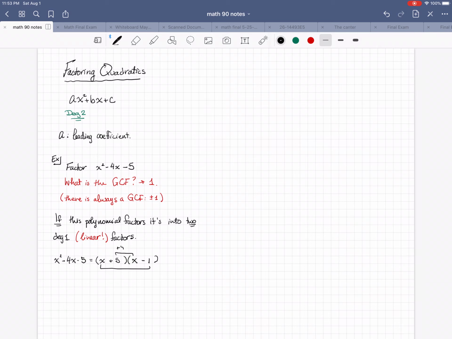So I have plus 5x from multiplying up here, and minus x from multiplying there. Does that give me the minus 4x that I'm supposed to end up with? Nope. If I have positive 5x and negative x, that gives me positive 4x. So in fact, this is not the correct factorization.